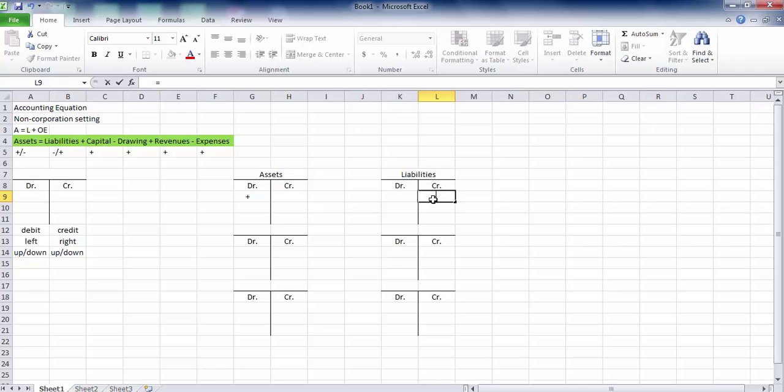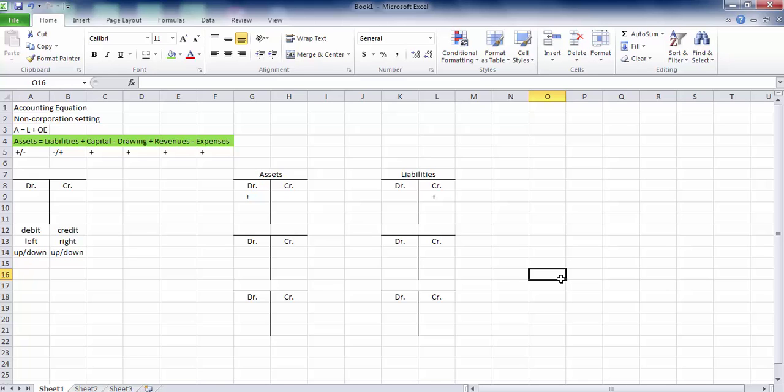So by definition, the way you increase a liability is by a credit. So assets go up by a debit. So the definition of debit means up when you're dealing with an asset. When you're dealing with a liability, credit means up. Remember, debit and credit can mean up or down. It depends on what category we're dealing with.